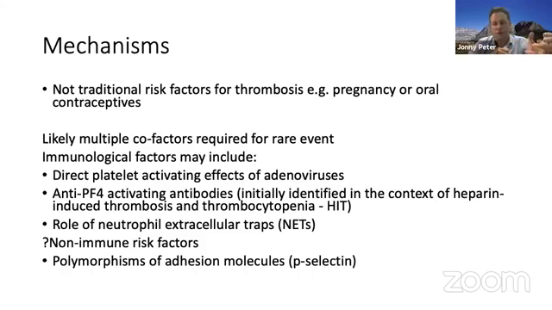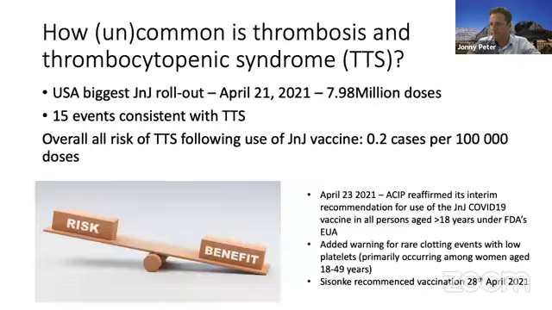There seems to be the presence, like in those 12 cases I presented, of positive anti-platelet factor 4 activating antibodies. And then there might be other immunological factors like neutrophil extracellular traps or abnormalities in adhesion molecules. So it's not going to be just one risk factor. It's going to be people that unfortunately have a series of risk factors that develop this serious condition.